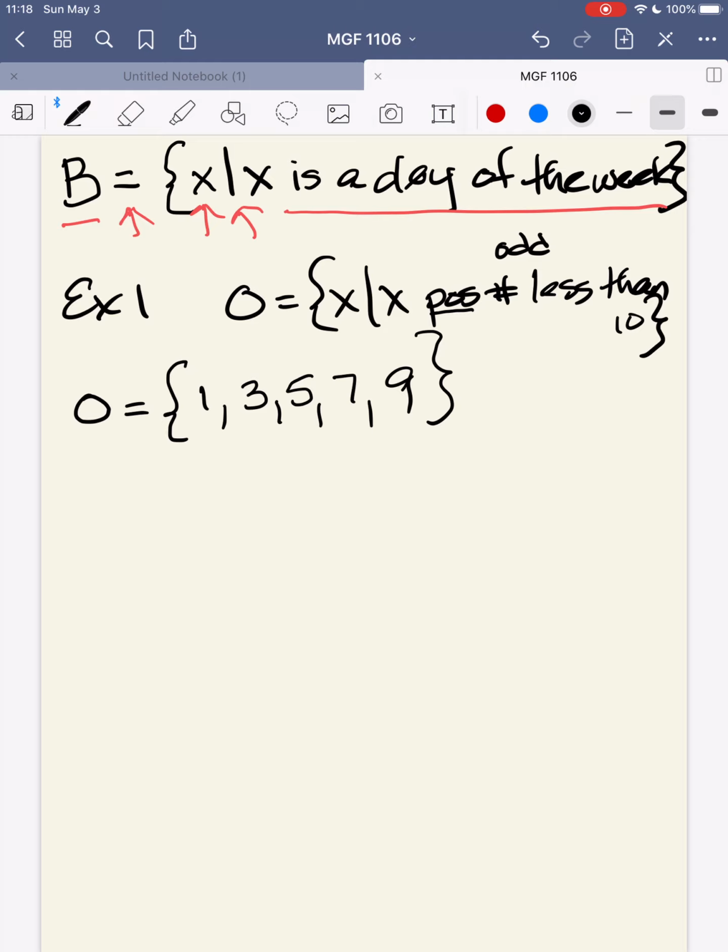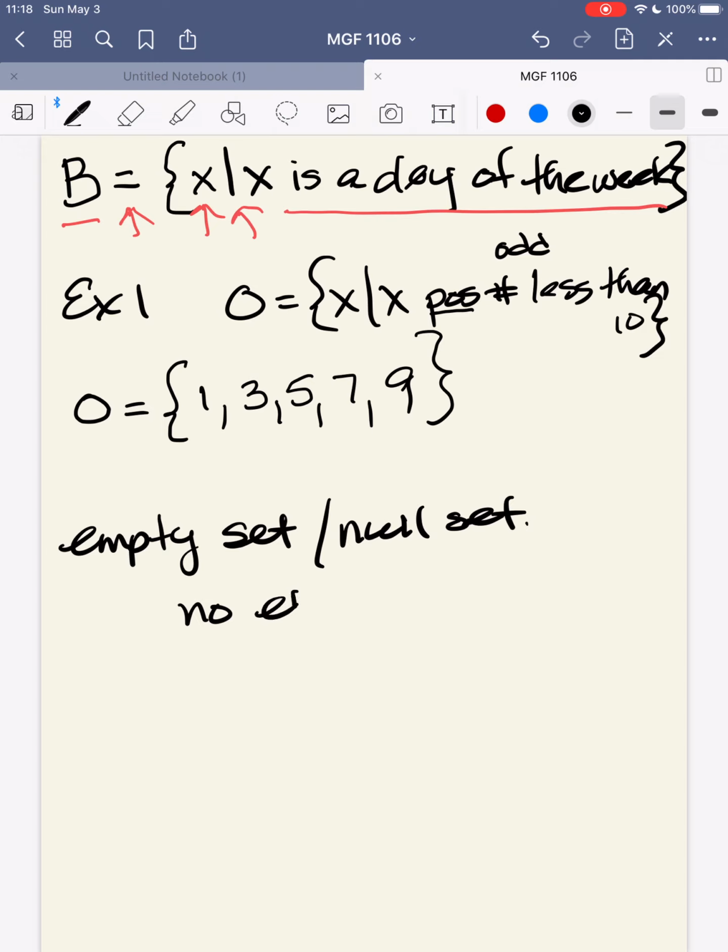We also have something when we talk about sets called an empty set or the null set. It's real important to understand what constitutes the empty set or the null set. This has no elements. Easy enough, right? Empty.